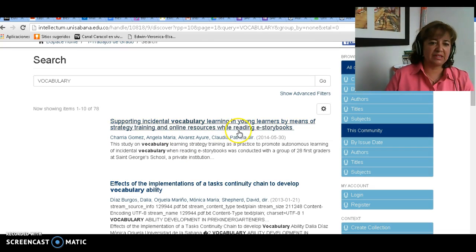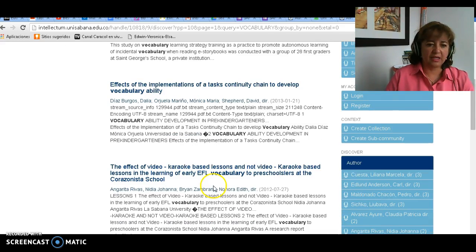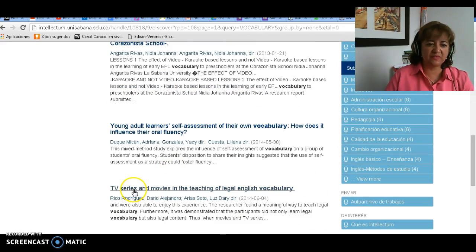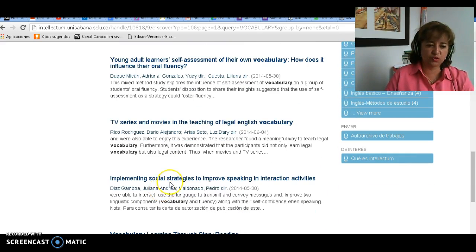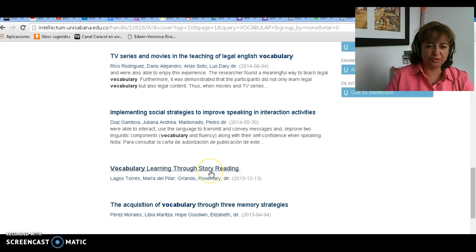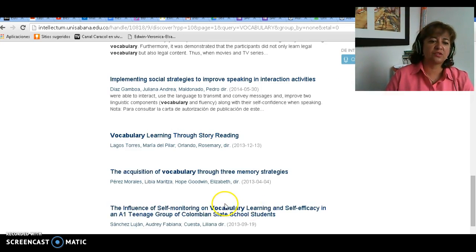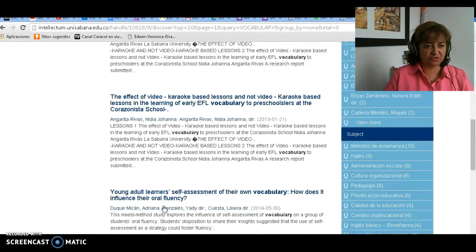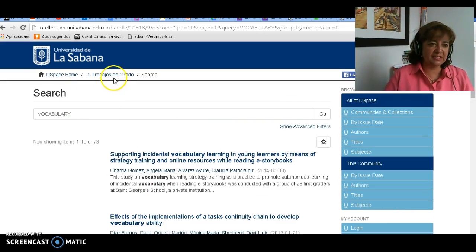The third element is the strategy that you will probably be using. In this case, storybooks, in this moment, tasks, in this one video karaoke, in this one TV series and movies, social strategies, story reading, memory strategies. So you have to identify what would be your strategy, what would be that issue that you consider that with that strategy actually solves the problem.